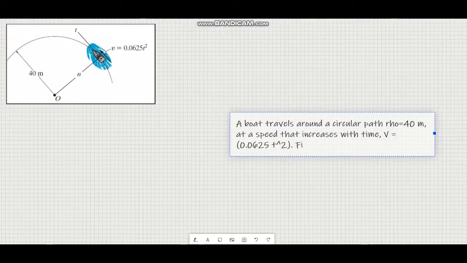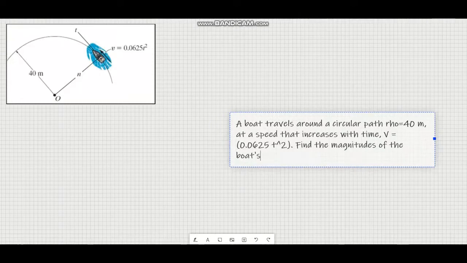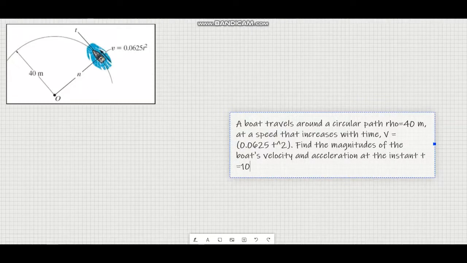The question is asking: find the magnitudes of the boat's velocity and acceleration at the instant t is equal to 10 seconds.